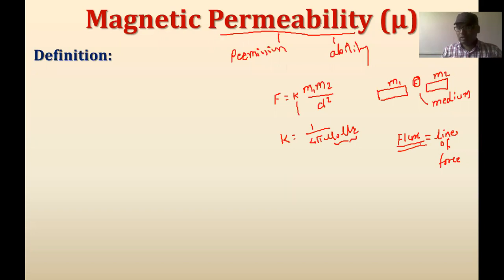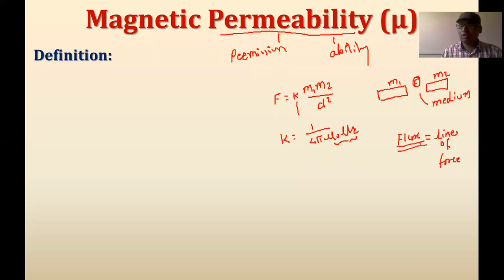If a substance can easily pass the flux lines through it, we say that substance has a high permeability, because it gives permission to flow the flux lines through it.